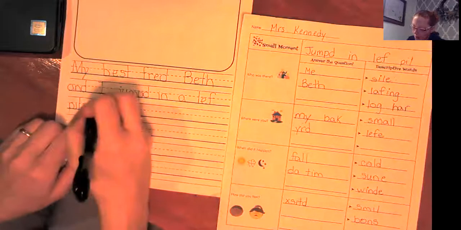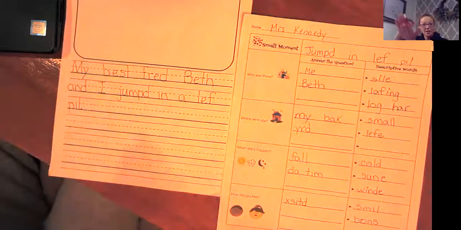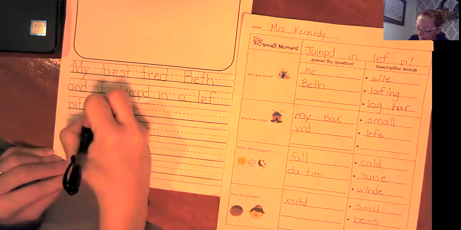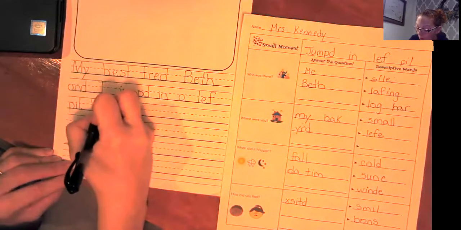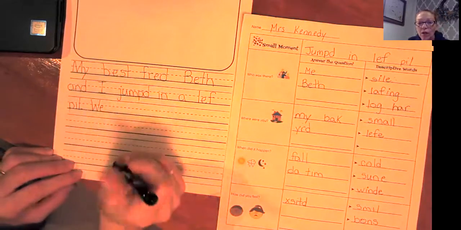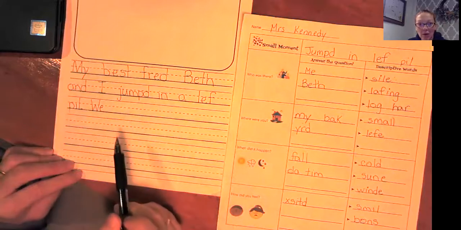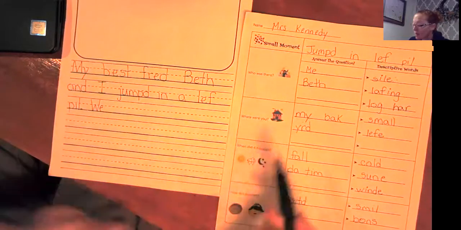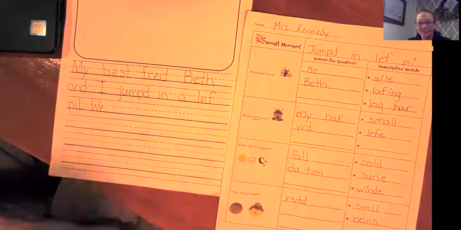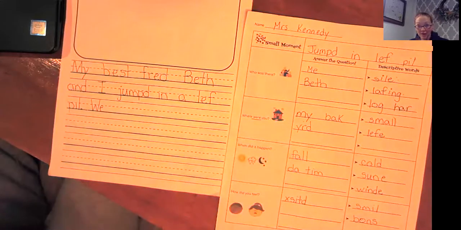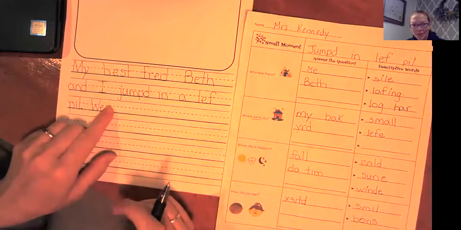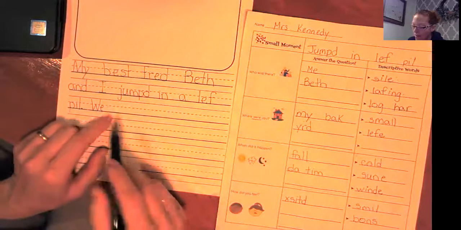Nice job, W. We. It starts with a capital because it's the beginning of our sentence. We were. It is another power word, but guess what? It's also right here. Were. I found it. So when you're looking for power words, you know how to write them because they're everywhere.